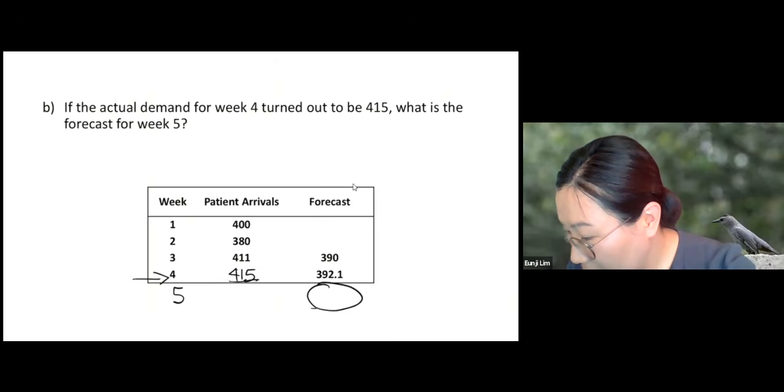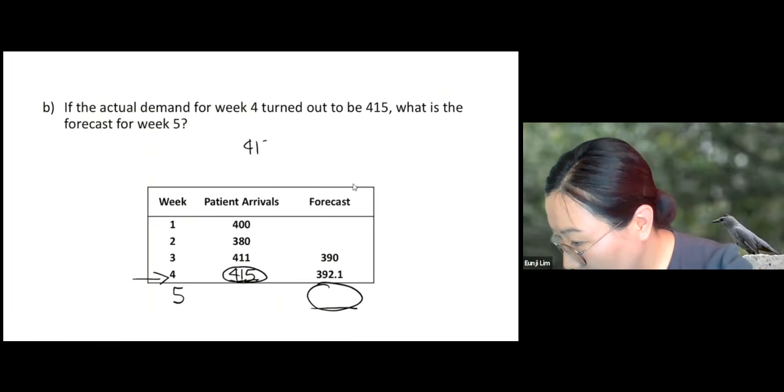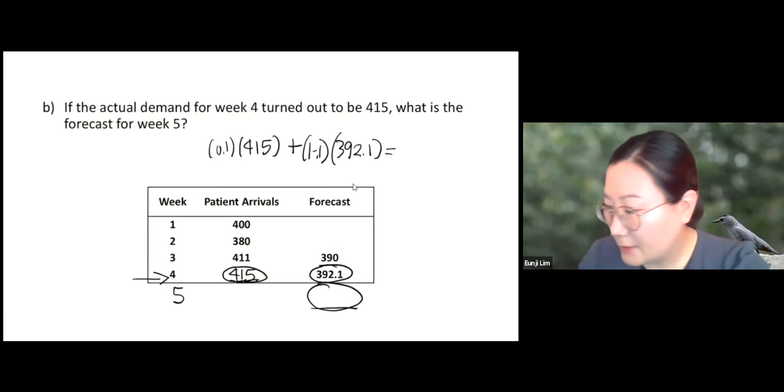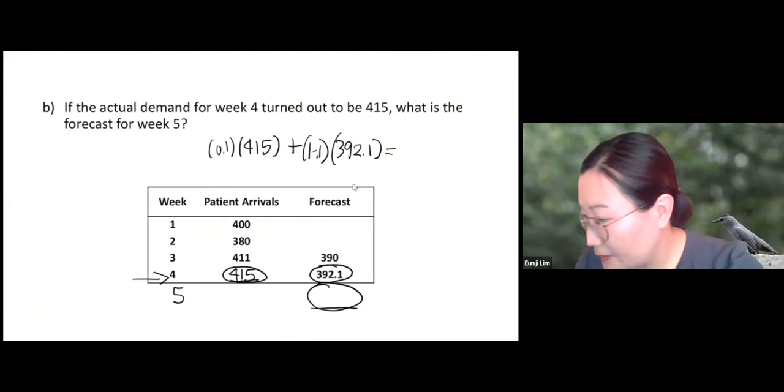The forecast for the next time period is the actual demand in this time period, 415 times alpha, plus the forecast for this time period, 392.1 times 1 minus alpha, and that's 394.4.